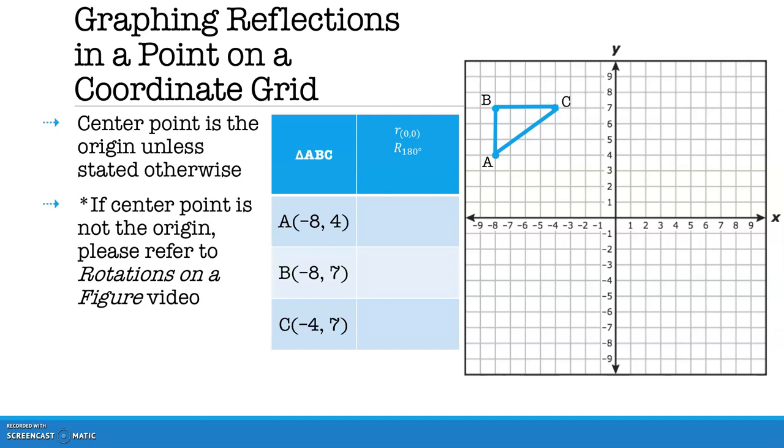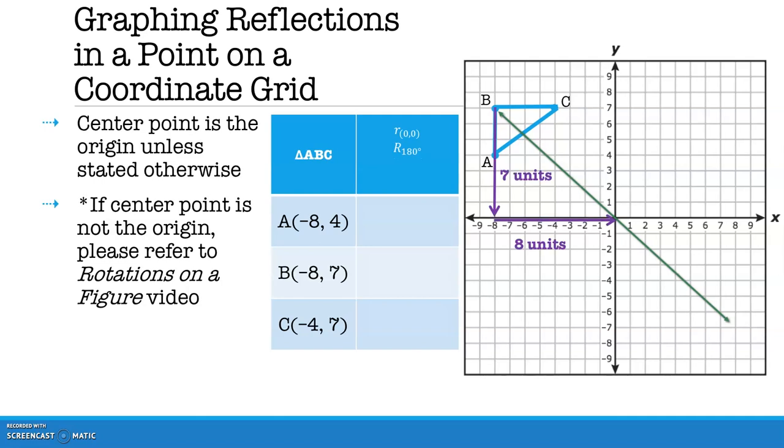Now let's also review graphing reflections in a point on a coordinate grid. The most common one will be a reflection through your origin, which is (0, 0). This is actually the same type of transformation, or will yield the same result as a rotation of 180 degrees.